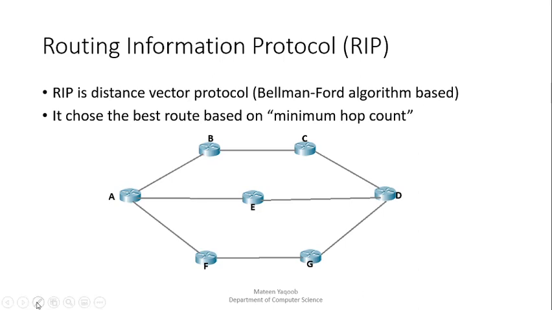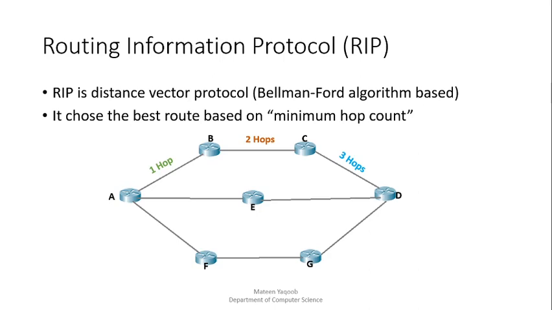The first path is from A to B and then C and then D, and the second path is A, E and D, and the third path is A, F, G and D. The first path consists of 3 hops. The first hop is from A to B, the second hop is B to C, and the third hop is C to D. So you can reach the destination D through this route in 3 hops. The second route has 2 hops, and the third route also has 3 hops.